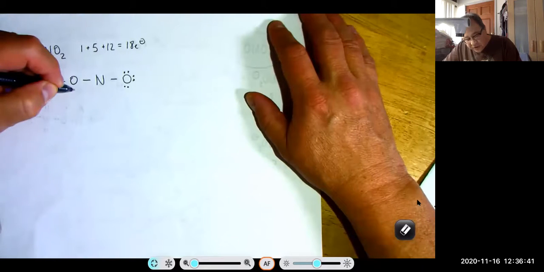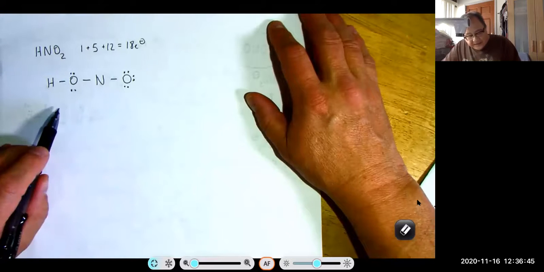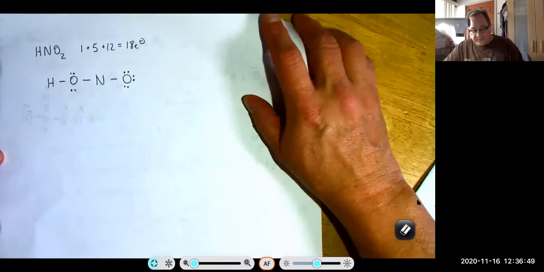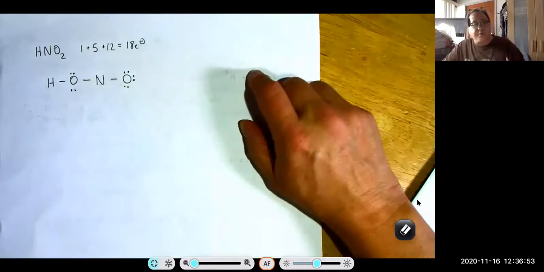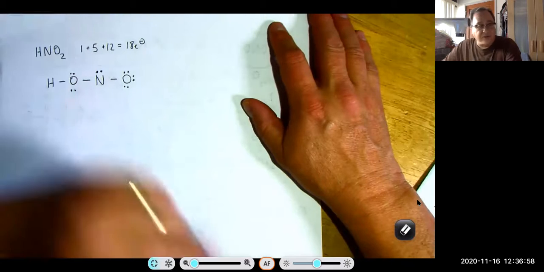Here, 1, 2, 3, 4, and now we have 8 on that. An 8 and an 8 totals 16 electrons, and now we have 2 more to put on. Where do we put the remaining valence electrons? Right on the central atom as a lone pair.